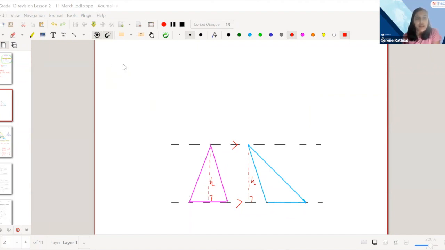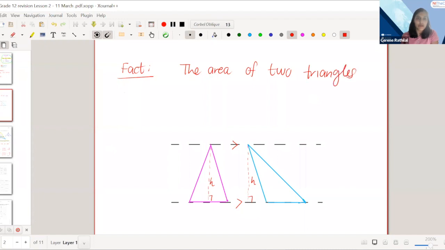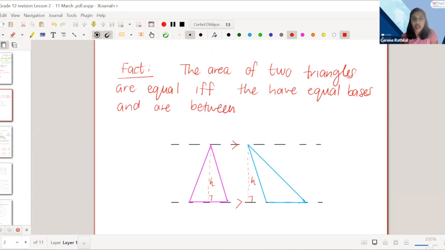And there is a result that says that the area of two triangles are equal if and only if they have equal bases and are drawn between parallel lines.